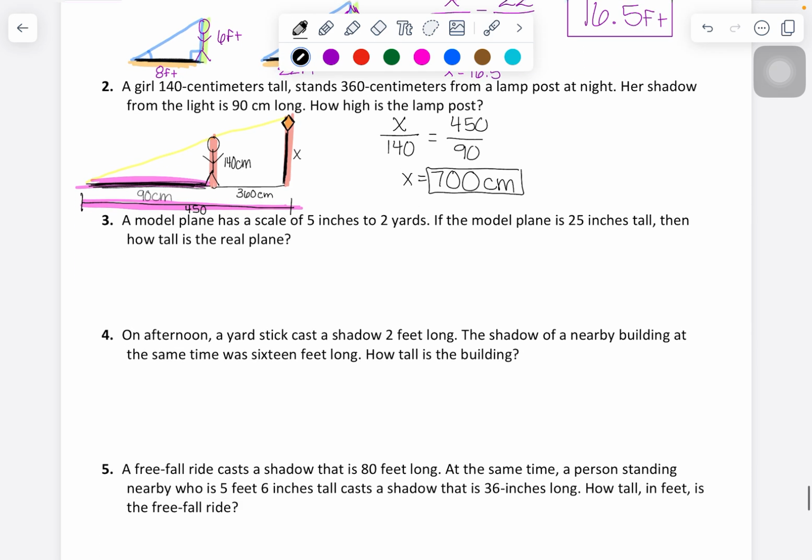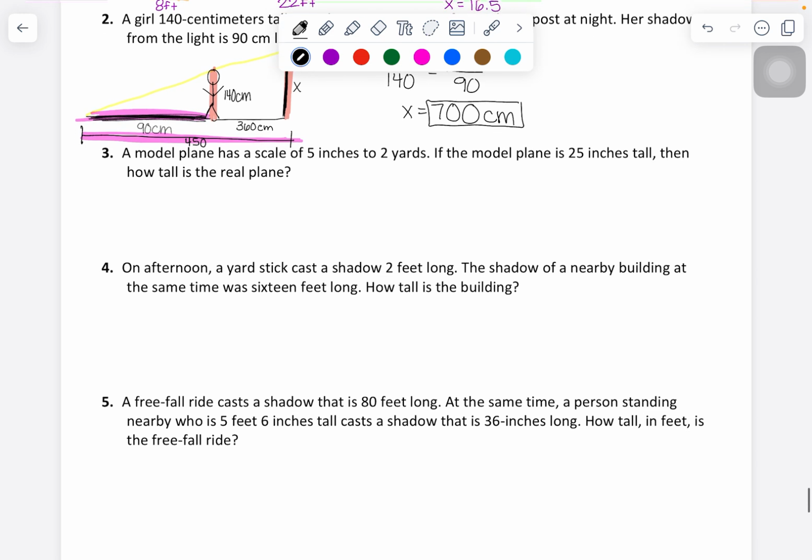Now, the other type of problem that you're going to see works with these scale problems, where they tell you the relationship between the lengths of items. So, problem 3, a model plane has a scale of 5 inches to 2 yards. If the model plane is 25 inches tall, then how tall is the real plane?